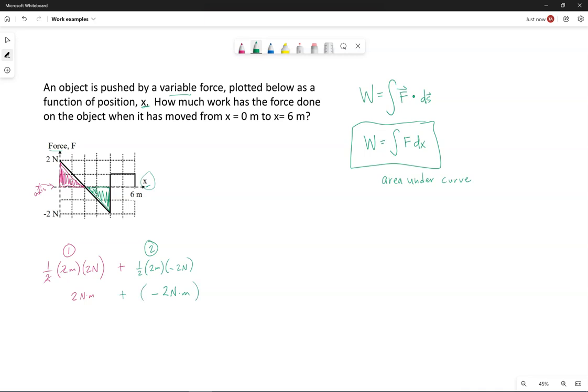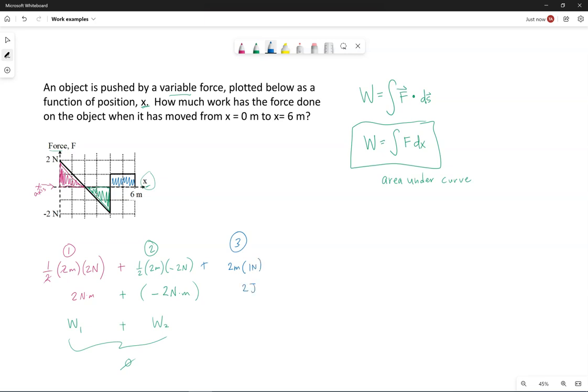So we're adding the work in section 1 plus the work in section 2, which now adds up to 0. That positive work is canceled out by the negative work. The last section is this rectangle in here. Since it's a rectangle, we only need the base times the height.